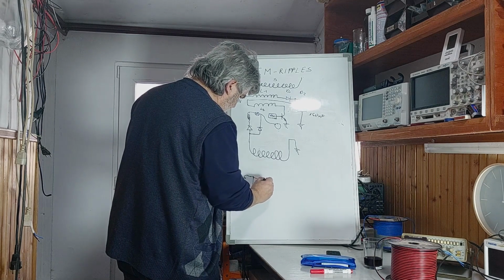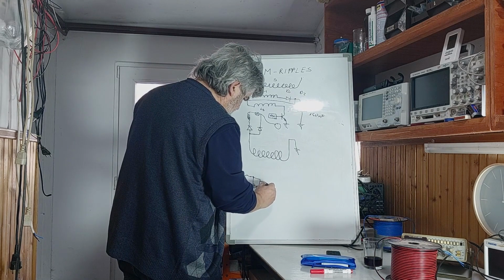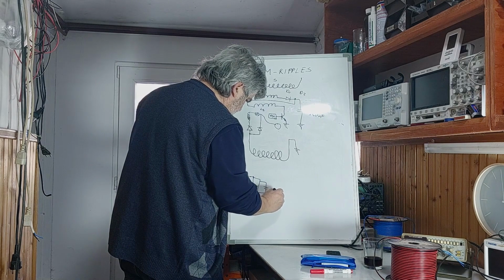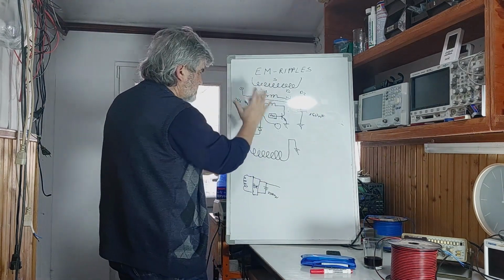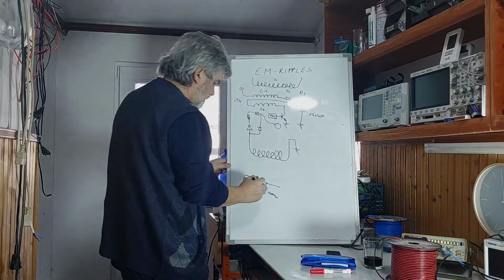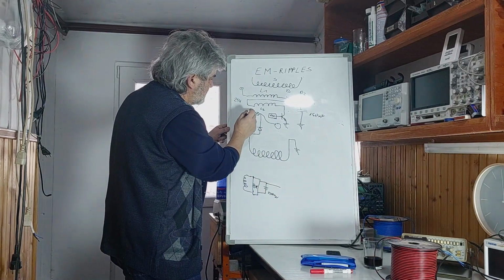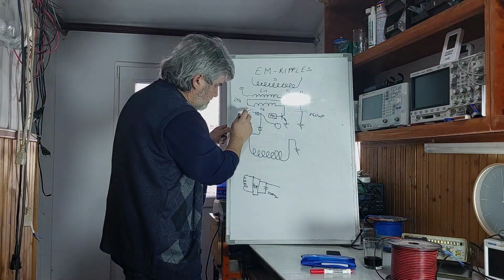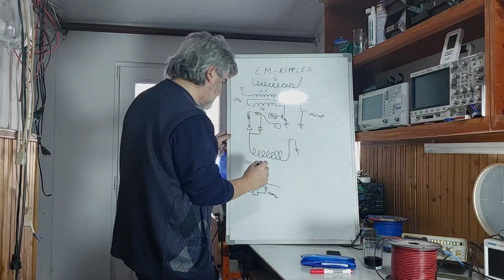And I had 22,000 microfarad capacitor for filtering, and it goes to the driver. When I measure the voltage across the bulb, sometimes it was a battery to charge, sometimes it was an electrolyzer, a single cell electrolyzer.